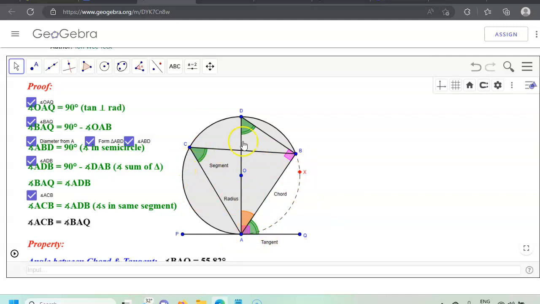We all know that angles at the same segment are equal, so we can definitely say that angle ACB, an angle at the alternate segment when we have a chord AB, is equal to the angle formed with chord AB and tangent line AQ.